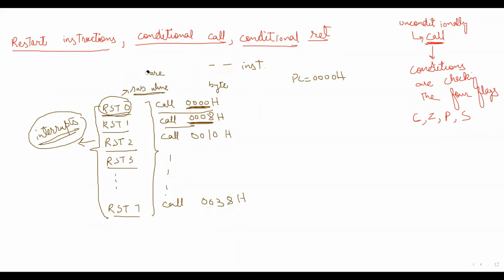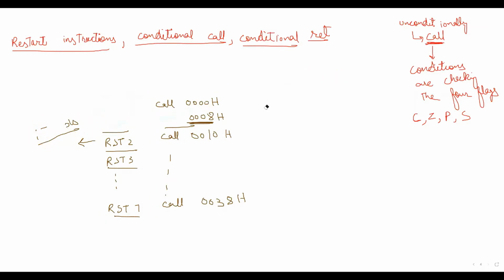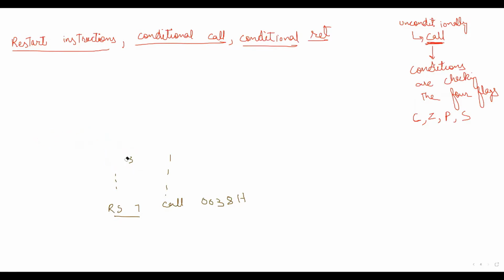Now let's discuss the conditional call and conditional return. So what is conditional call and what is conditional return? Let's first take the conditional call. Previously we were doing call, let's suppose FAAH.